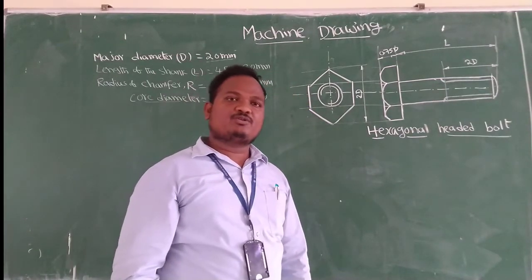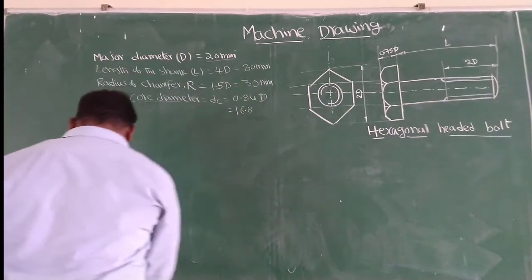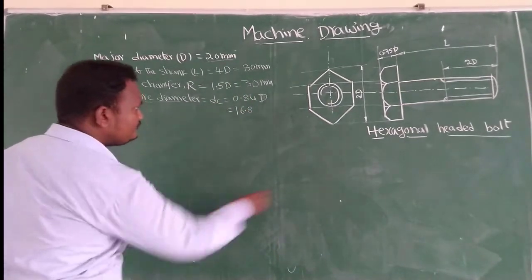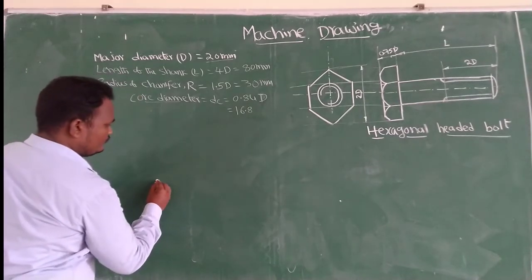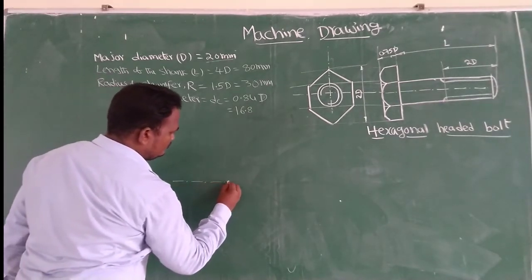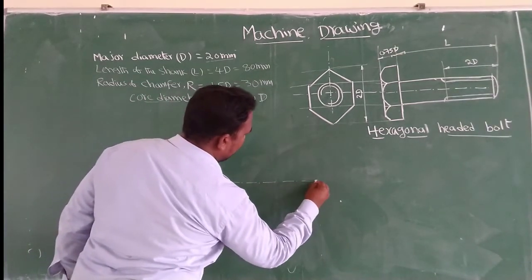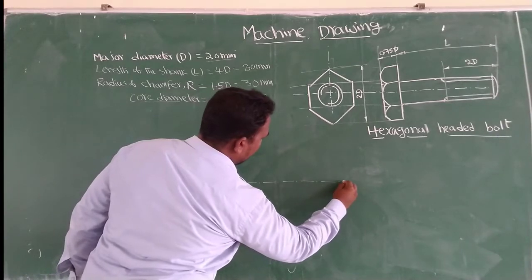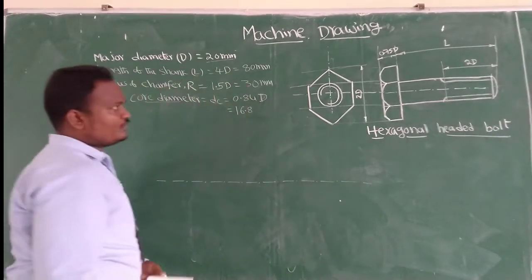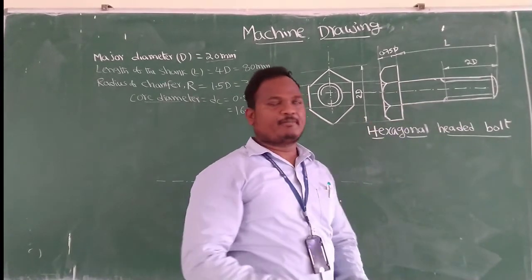Now I would like to show how to draw the hexagonal headed bolt. Initially you have to draw the chain line. This is capital D, diameter 20 mm.